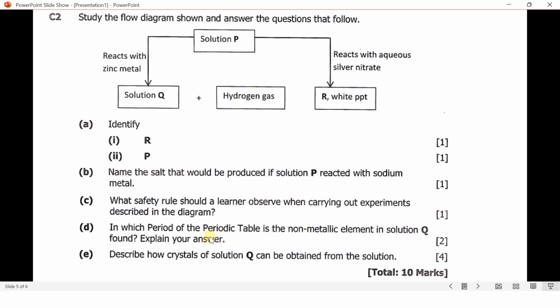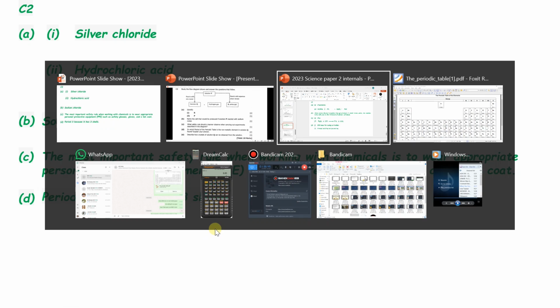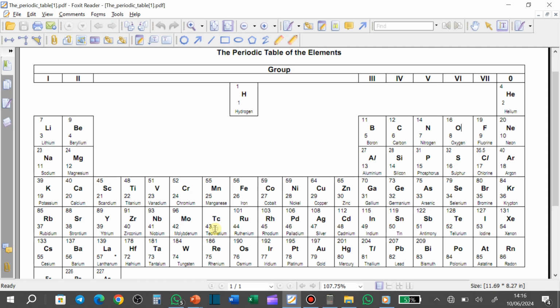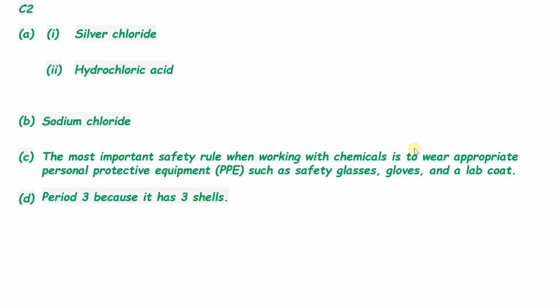Explain your answer. So here we said period 3 because it has 3 shells. When you look at the periodic table I gave here, chlorine is in period 3. This is period 1, period 2, period 3. So it's period 3 because it has 3 shells.